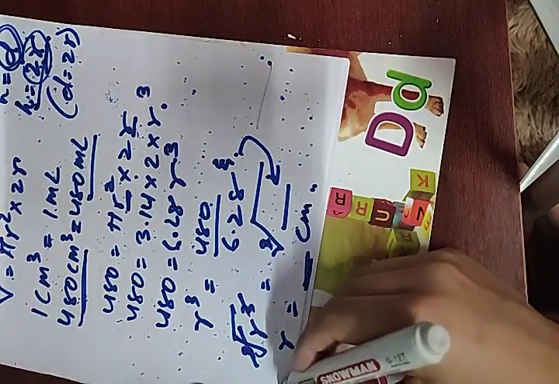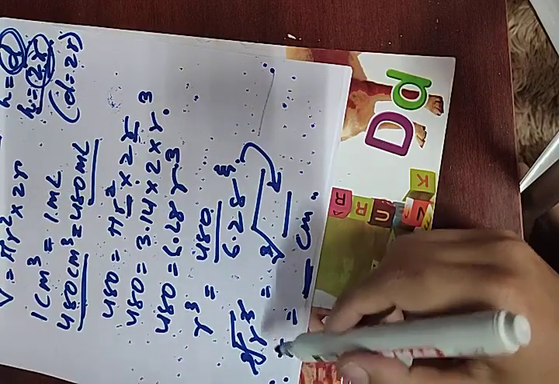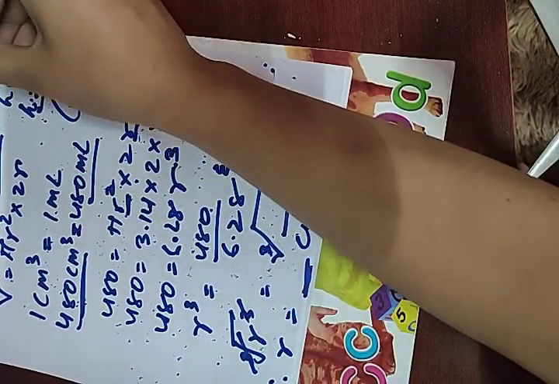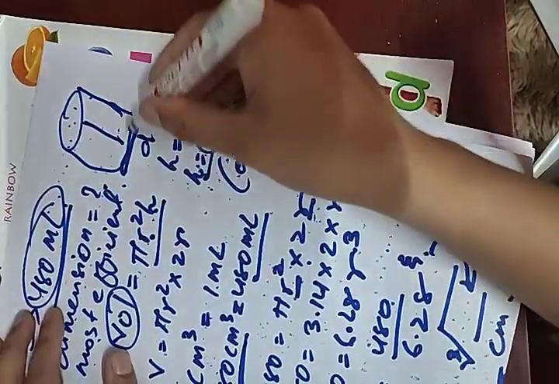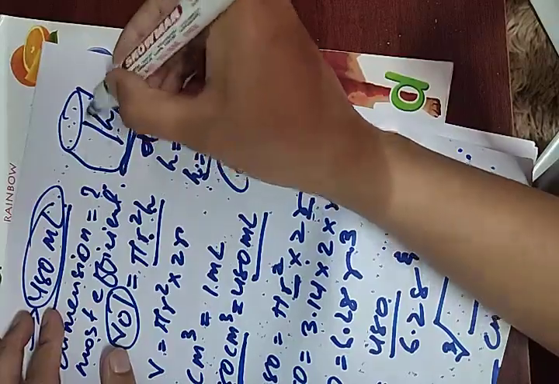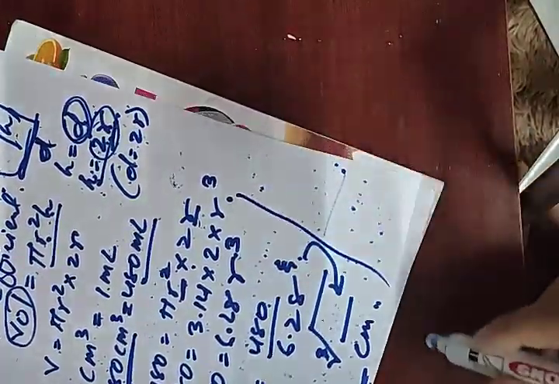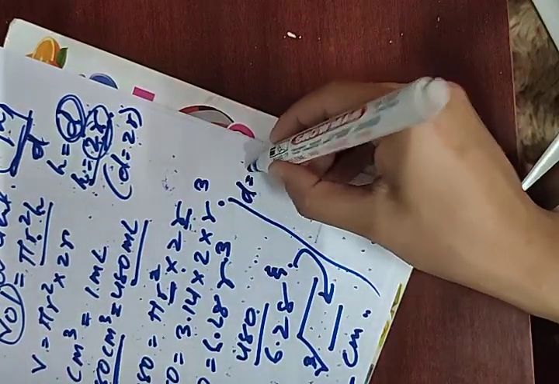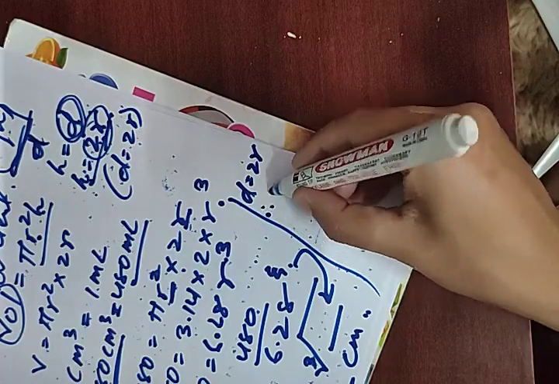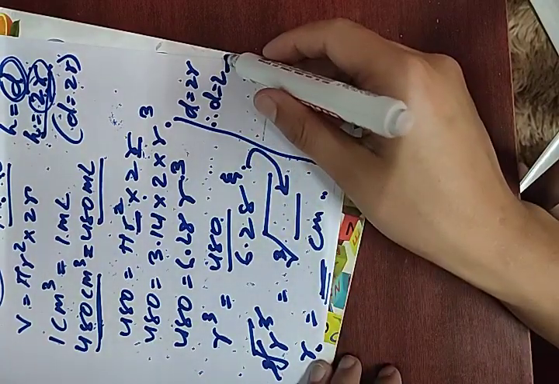Understood? Therefore you are getting the value of radius, but here the dimension should be diameter and height. So d is equal to 2r, therefore diameter will be equal to 2 times this r, which will be equal to this much.